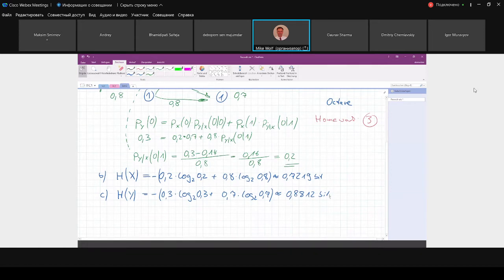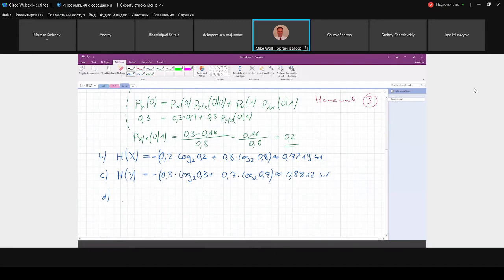So, and then in D, it's asked for the joint probability mass function and to sketch a figure of this probability mass function. Of course, in D, you can try it. How can we calculate, for instance, p x comma y of 0 and 0? So what's the probability that x is 0 and y is 0?